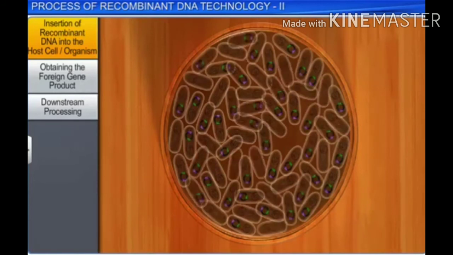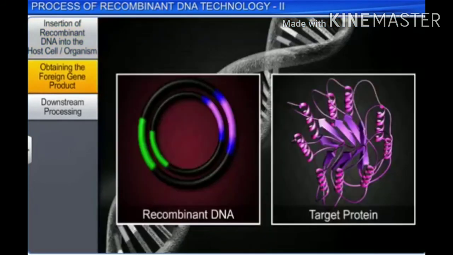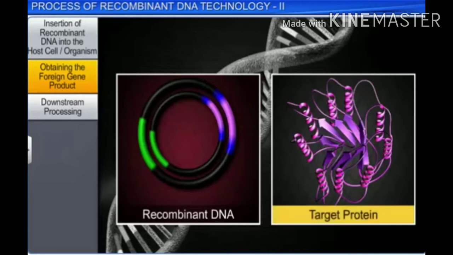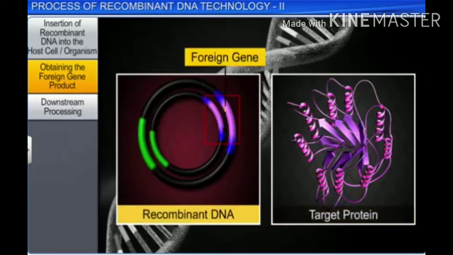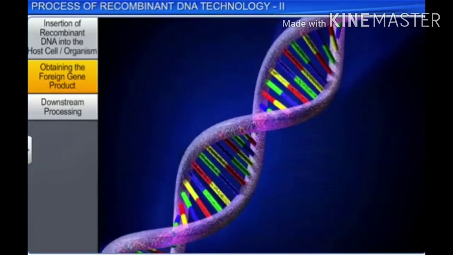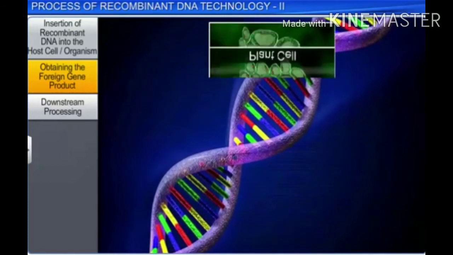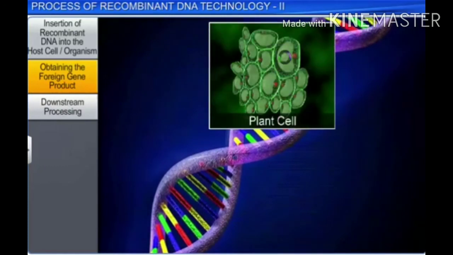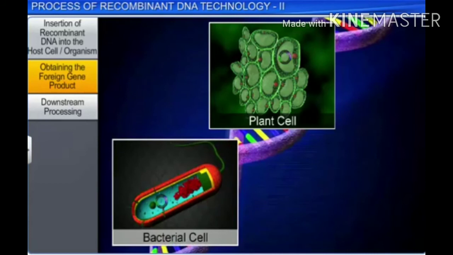growth of transformants. Let us now understand how to obtain a target protein from a foreign gene of recombinant DNA. If any protein-encoding gene is expressed in hosts such as plant cells, bacterial cells, and fungal cells, it is called a recombinant protein.